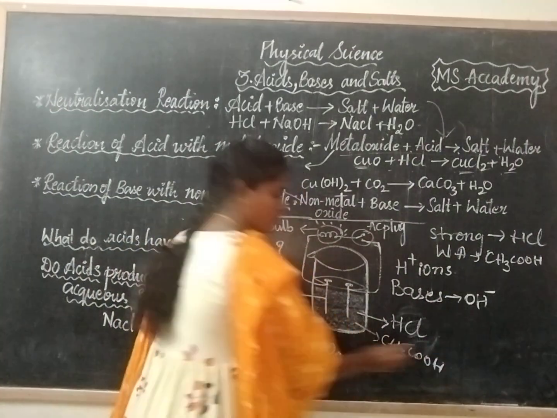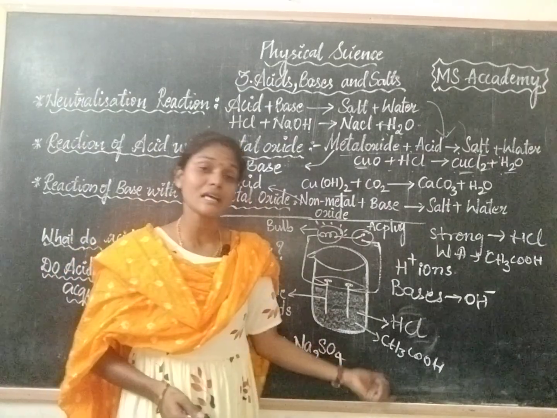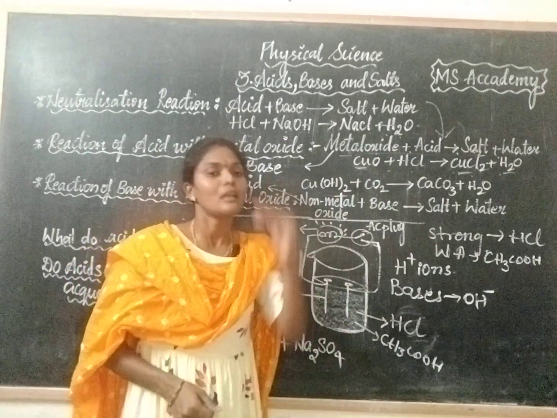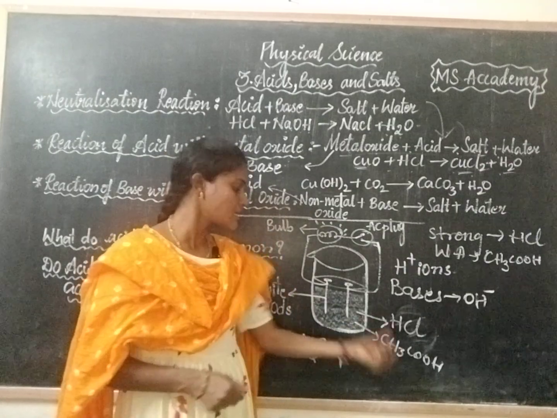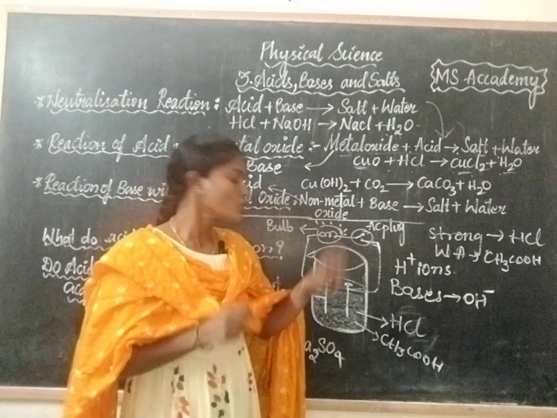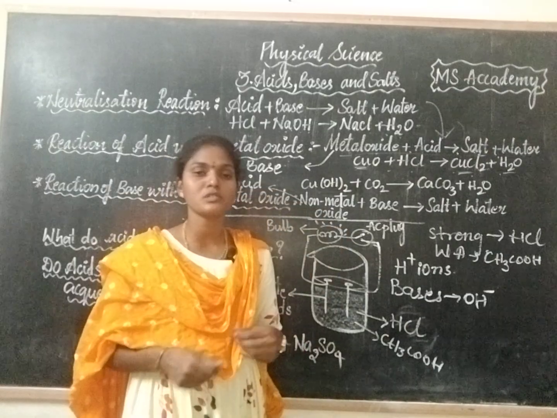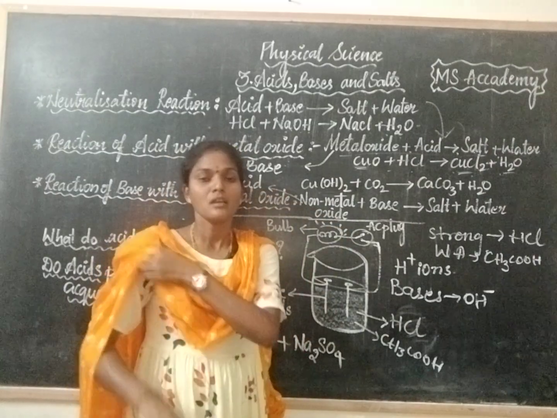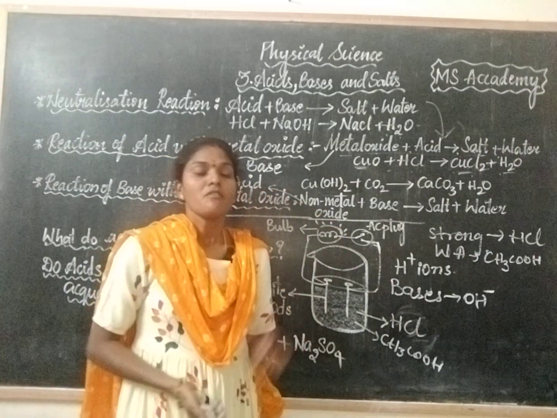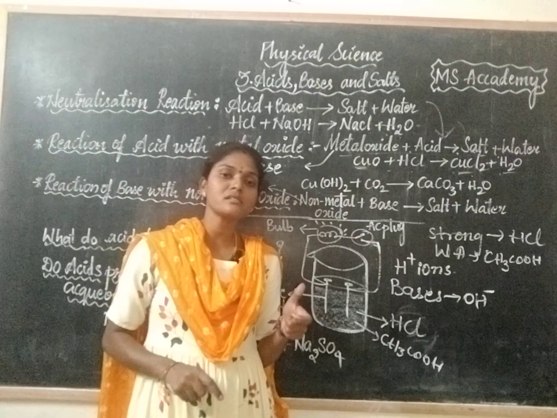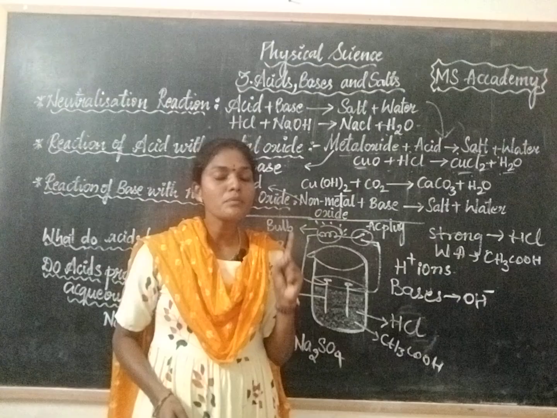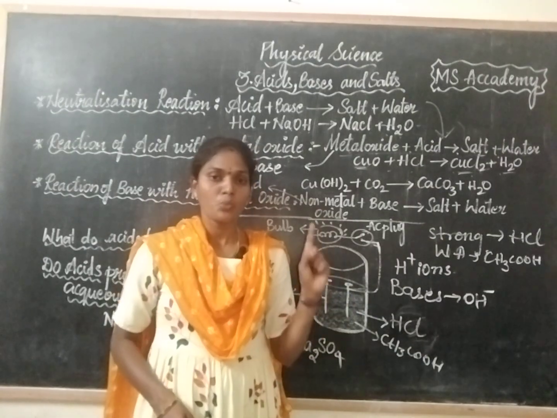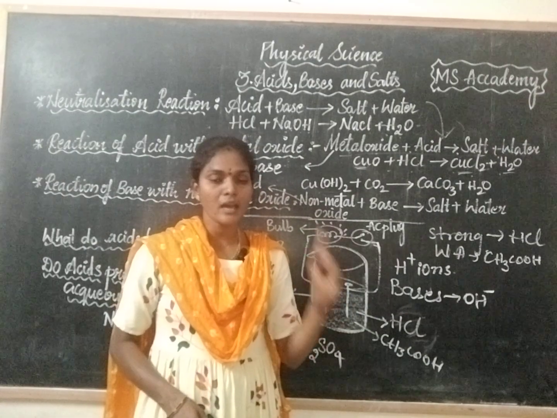This acetic acid contains fewer H plus ions, only a few H plus ions will be present. So you can observe the bulb glows with less intensity. When the bulb glows with more intensity, we can say that it is a strong acid. When the bulb glows with less intensity, we can say that it is a weak acid.